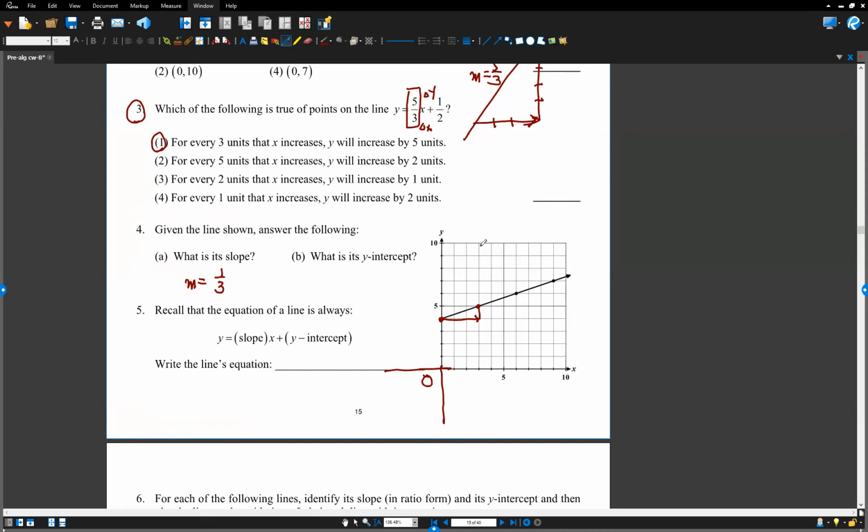And what is the y-intercept, Victoria? Where is the y-intercept? Is it 4? This is 0. 1, 2, 3, 4.